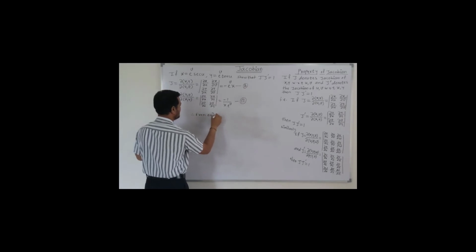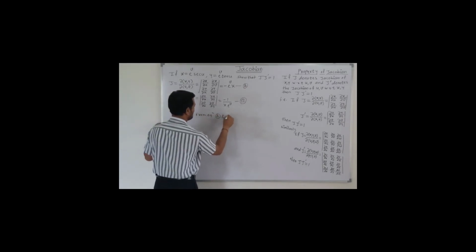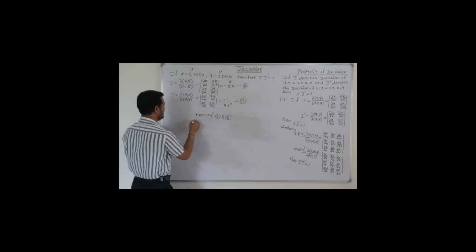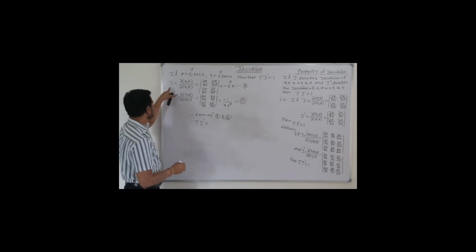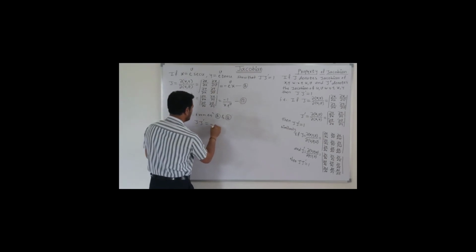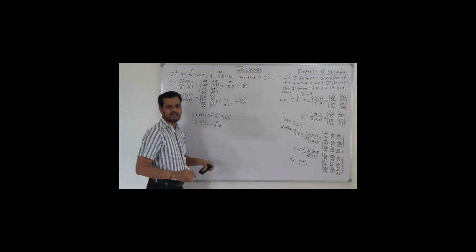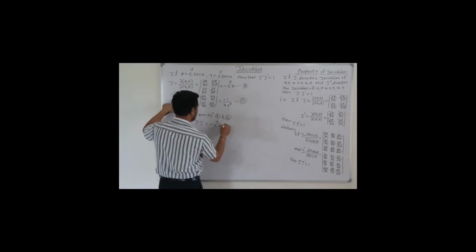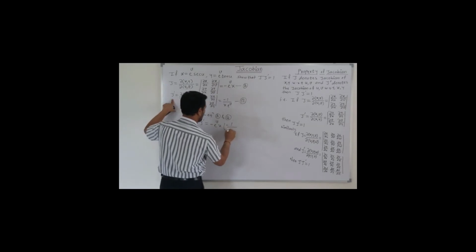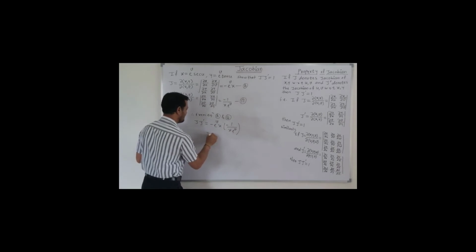Therefore, from equations A and B, we get the value of j into z dash. This is the value of j, which is minus e raised to v into x. Then the value of z dash is minus 1 upon x e raised to v. So this minus minus becomes plus.